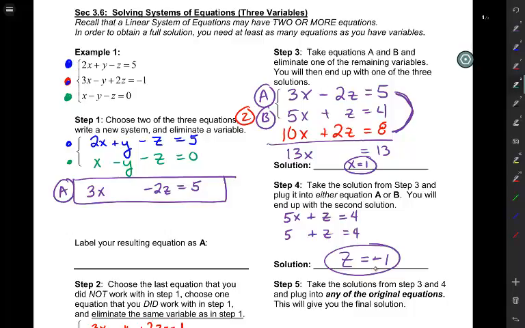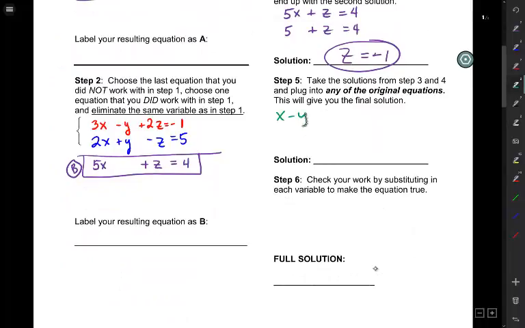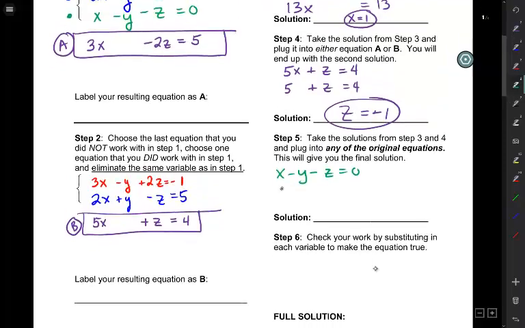Okay, I would agree. x minus y minus z equals 0. Let's put our values in. 1 minus y plus 1 equals 0. That's 2 minus y equals 0. Do we agree that y equals 2? Okay. So I have my 3 values.